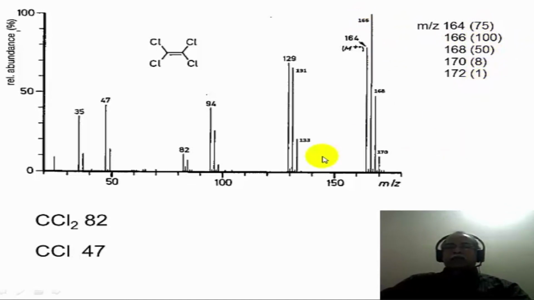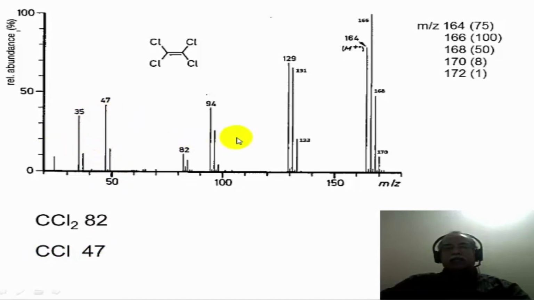What you see subsequently is the loss of one chlorine mass unit corresponding to this cluster of peaks, another chlorine corresponding to this cluster of peaks, and finally another chlorine loss, and a chlorine cation radical itself is seen here. 35 and 37 are seen very clearly. The peaks at 47 and 82 essentially correspond to the dichlorocarbene cation radical, which is 82 mass units, and the CCl fragment, which corresponds to 47 mass units.